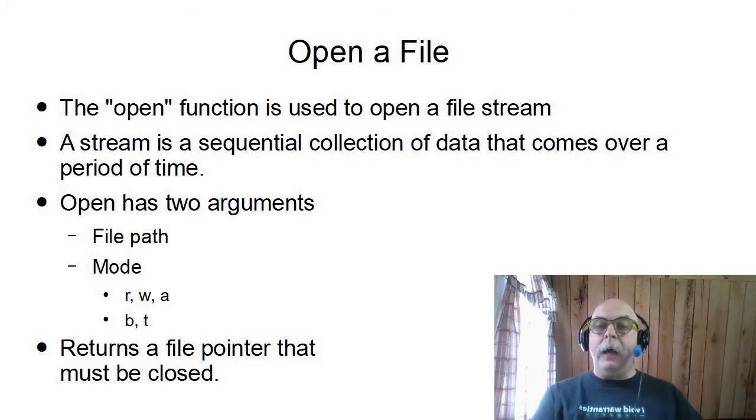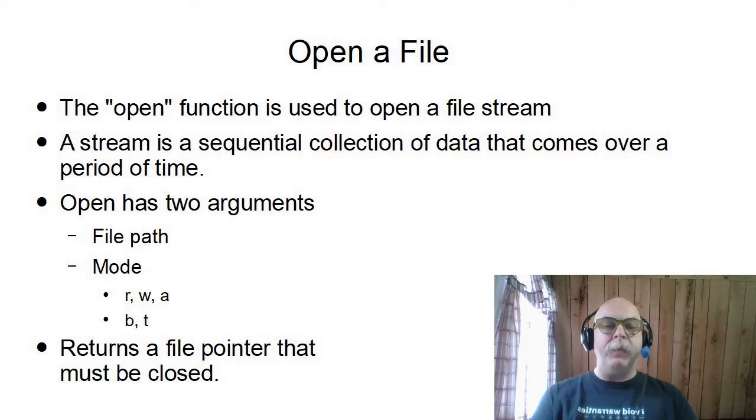It comes in handy. There are two other letters that you should at least be aware of, and that's the letter B and the letter T. The letter B says open the file for binary reading and writing, which means open a file that can contain non-letters and numbers and can contain special characters.